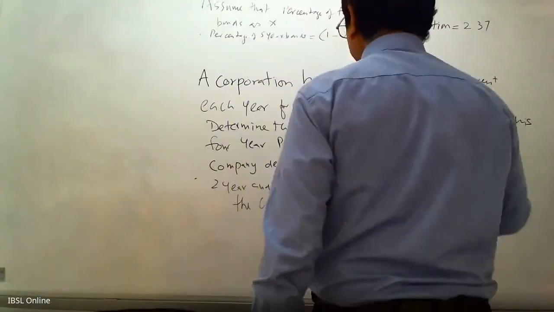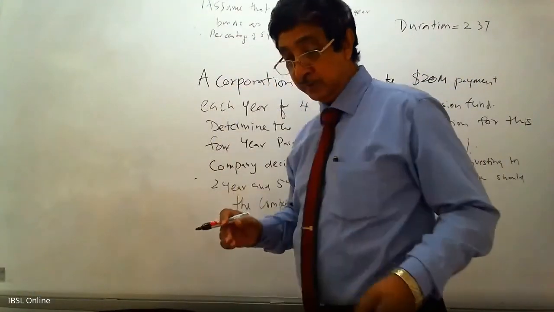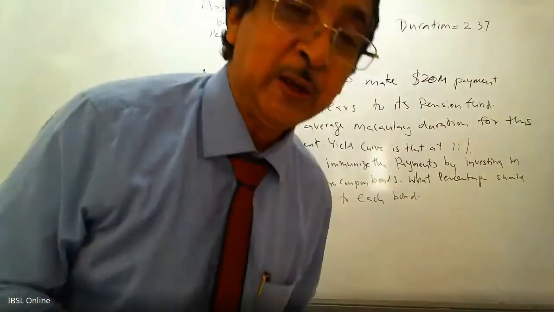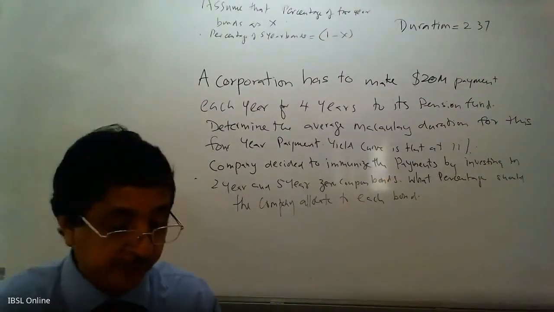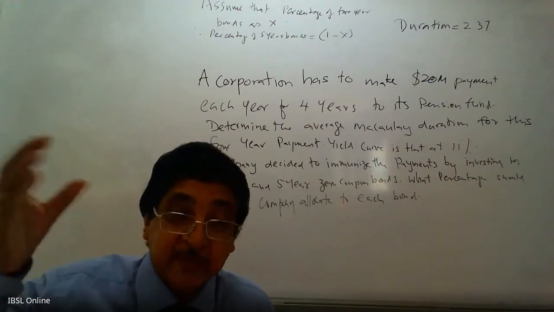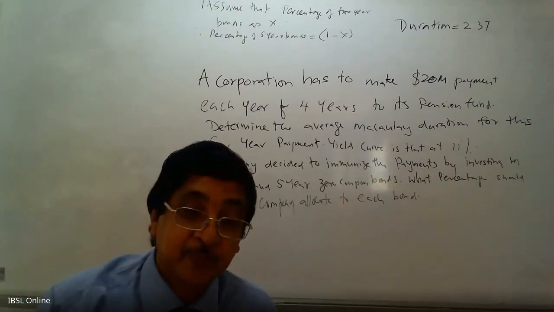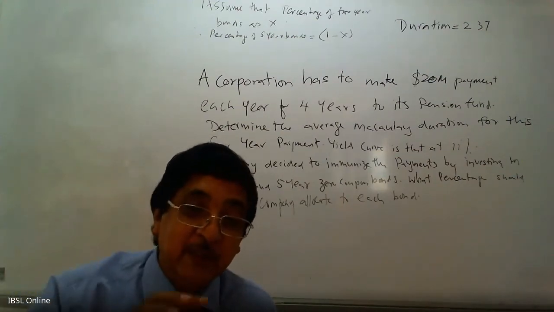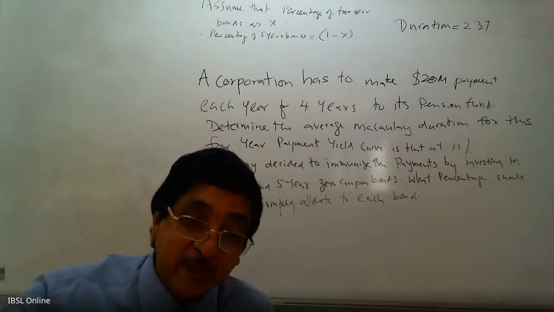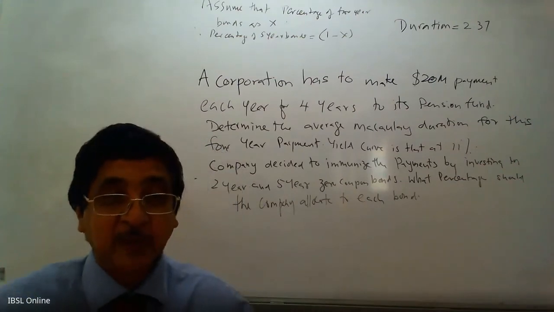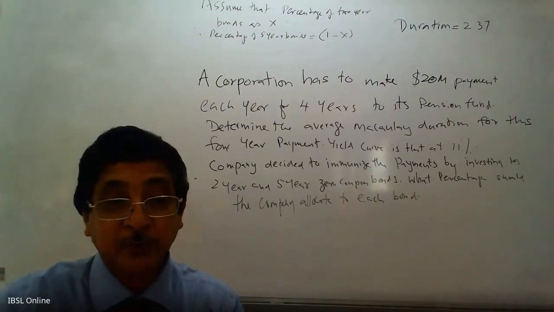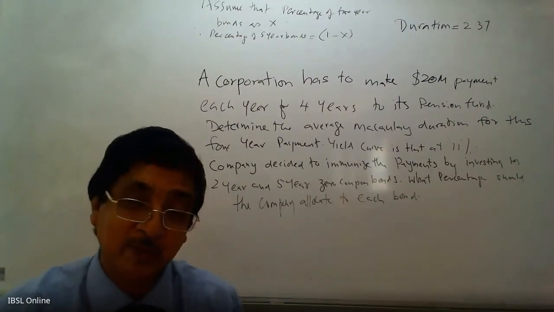Now, for a 2-year bond, the duration is 2. So in order to calculate the weighted duration, what do we do? We have to multiply the percentage, or weight, with the duration. 2 times X plus 5 times (1 minus X) will give the duration of the portfolio of 2-year and 5-year zero coupon bonds.